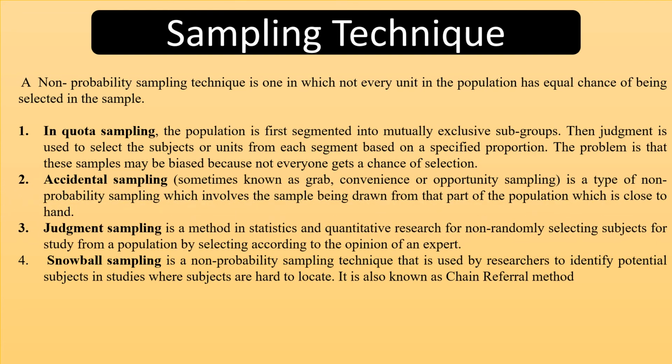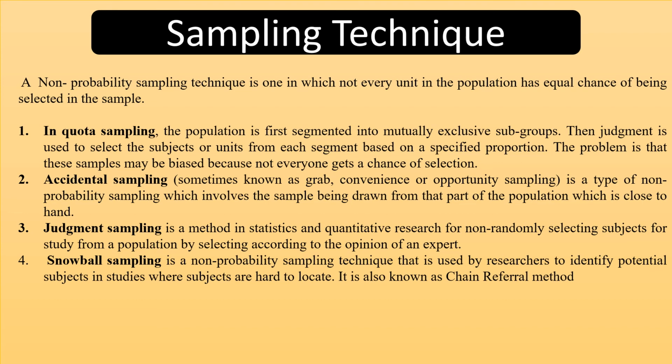It's a method of statistics and quantitative research for non-randomly selecting subjects to study from a population by selecting according to the opinion of an expert. So it is based on judgment. Accidental is grab based on convenience, based on what is close, what is available, what is accessible.